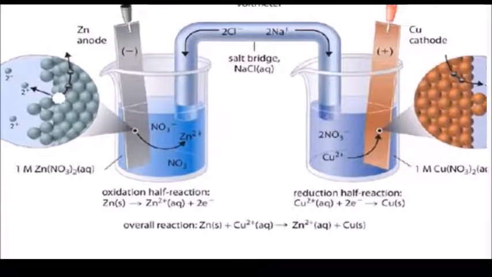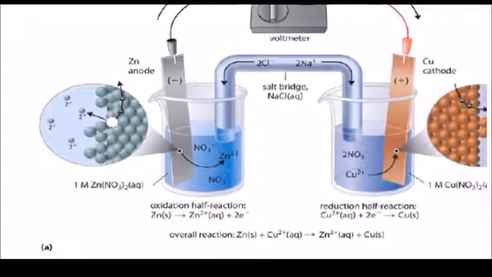Notice in this cell on the left, in the solution, we have zinc ions and nitrate ions, and this piece of metal, which I'm calling the electrode, that's dipping into the solution is made of zinc. When we see a piece of metal dipping into a solution that contains its ion, you can tell the metal and that ion are going to be in its half reaction. And this is telling us underneath that beaker that zinc is being oxidized. We'll see why in a minute.